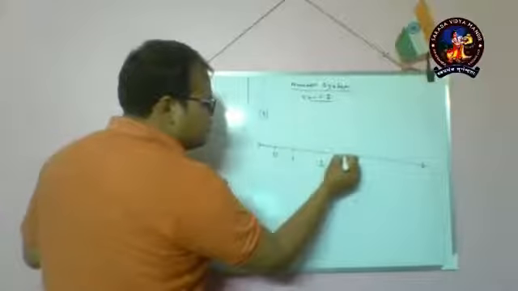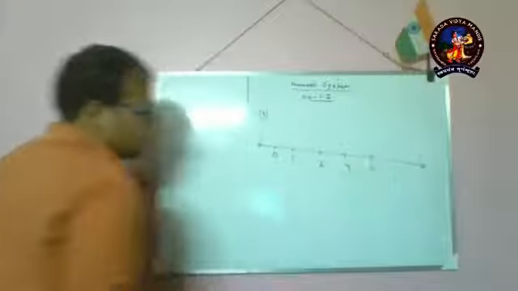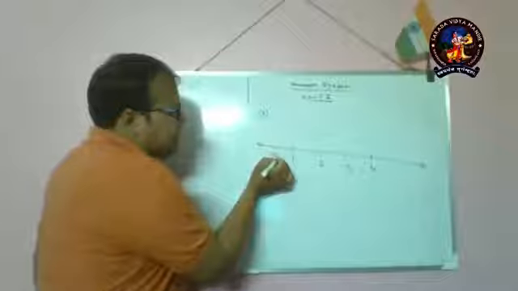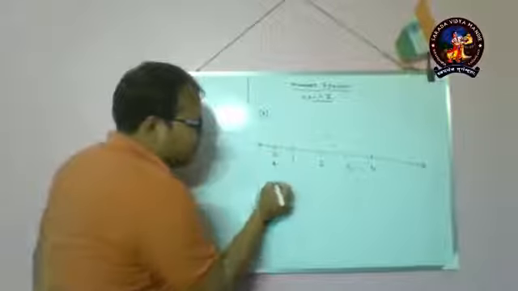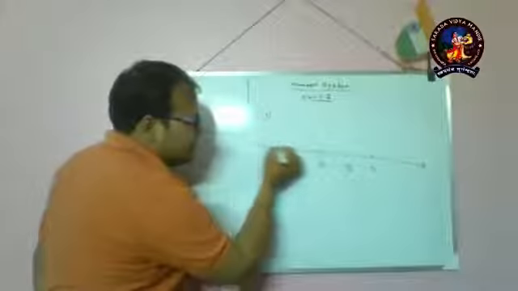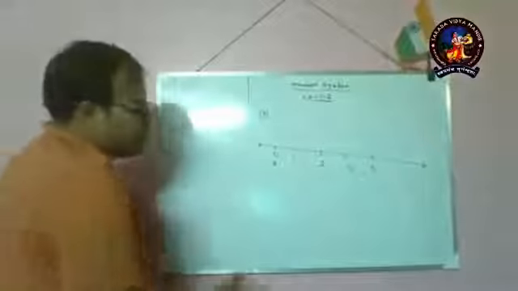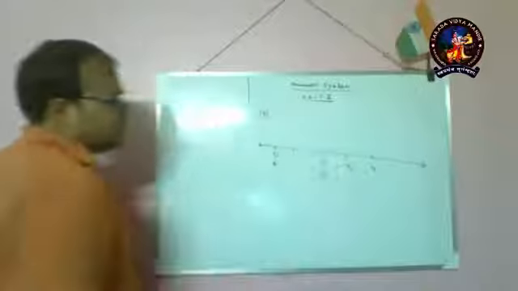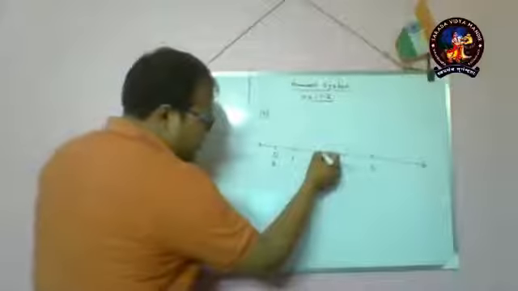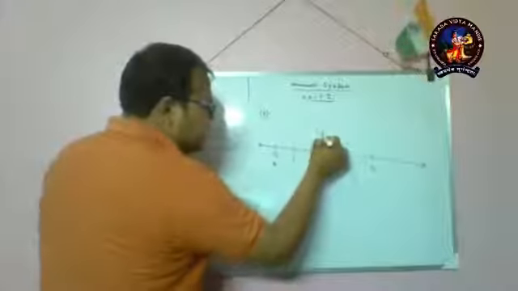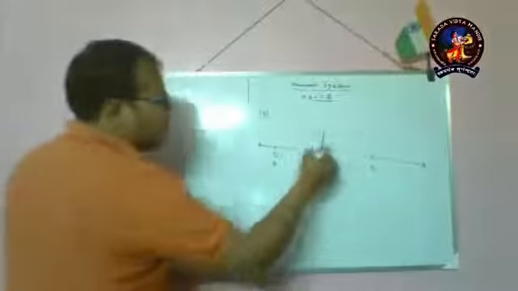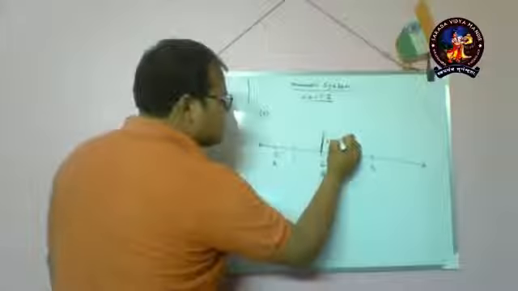1, 2, 3, 4. Let's take 0 as our point A, and let's take the length of the base to be 2. So at point 2 I am giving B, and at point B we have to draw the height, that is a perpendicular of length 1 unit.